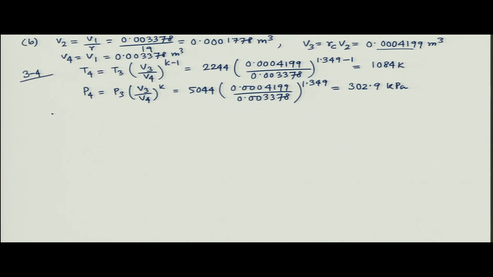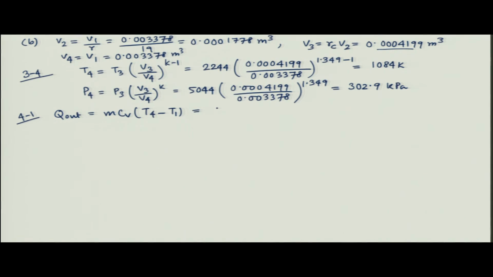Next, we have to find out the net work output of the cycle. So, we first find what is the Q out, okay, during process 4 to 1, and Q out will be equal to m times Cv times (T4 minus T1), right. That is the Q out.